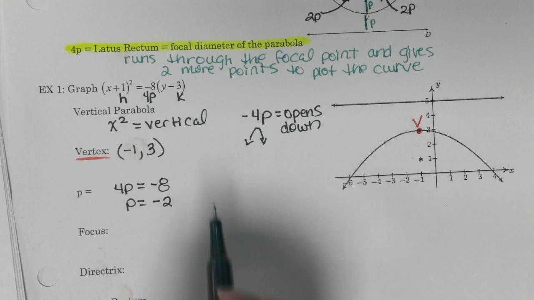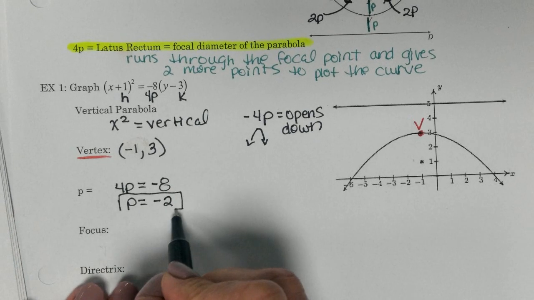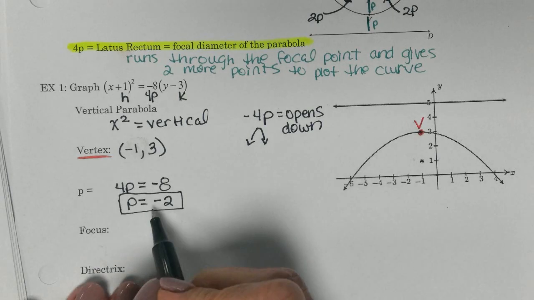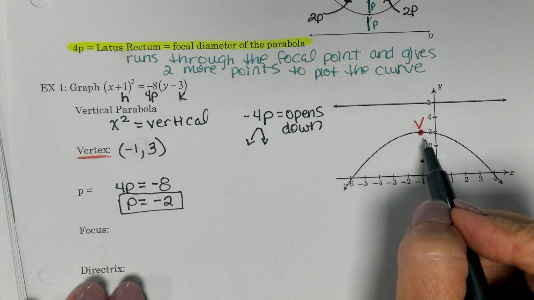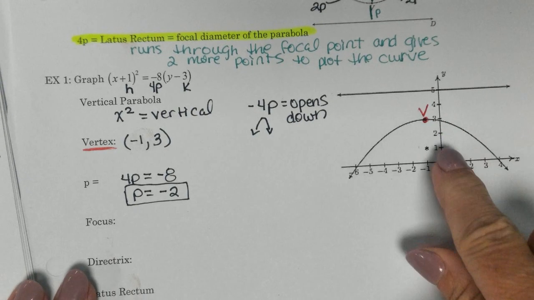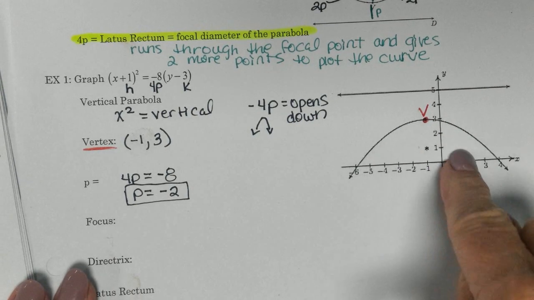This value right here tells us where to move. We're moving 2 units down to get to the focus, because I know my focal point is inside my curve.